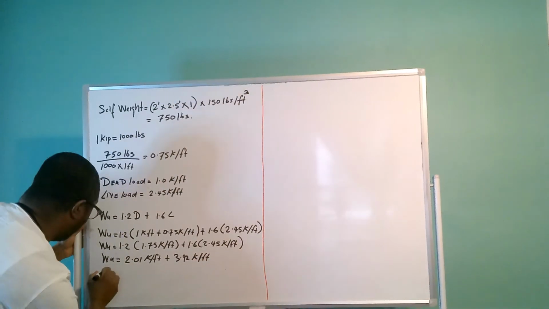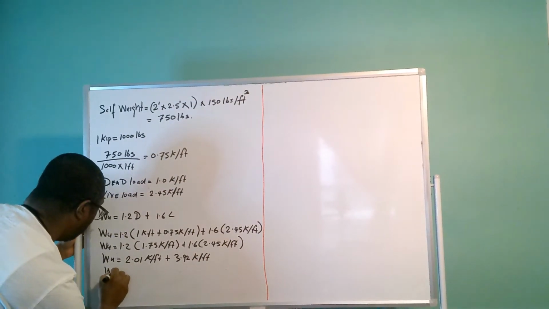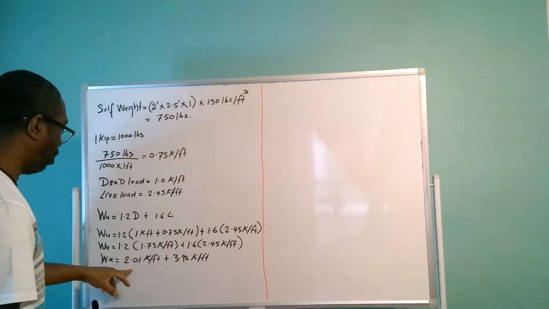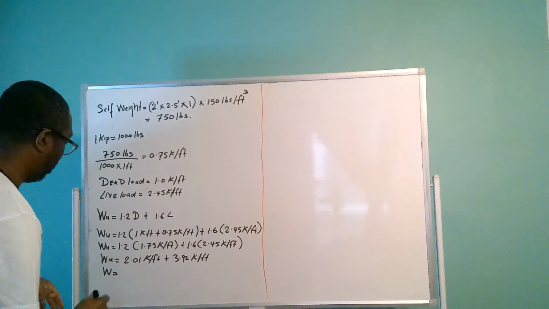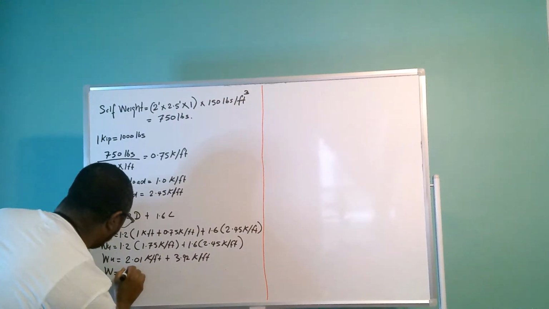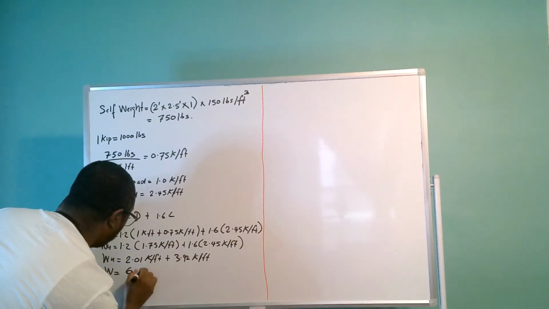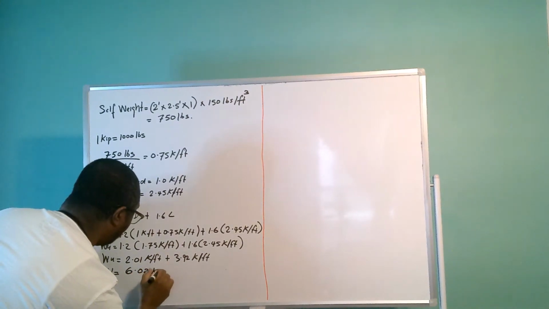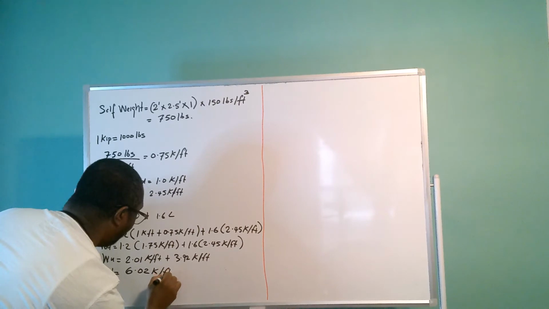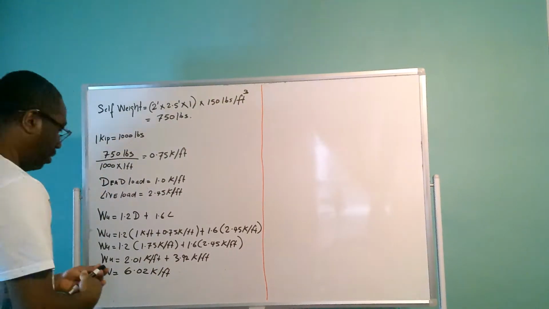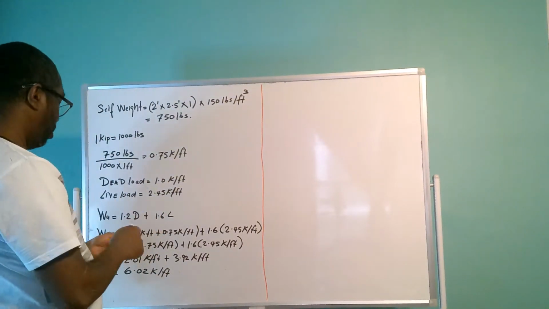And then when you add these two, 2.01 plus 3.92, you're going to end up with 6.02 kips per foot.